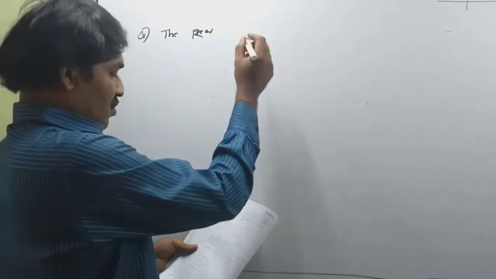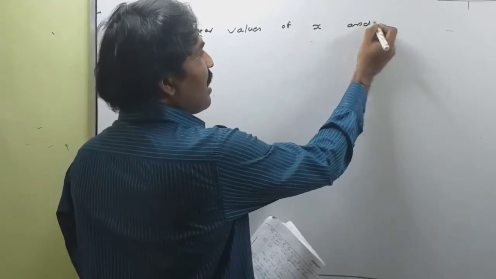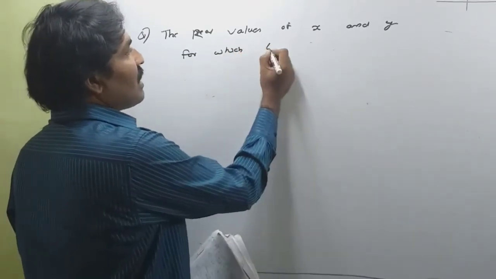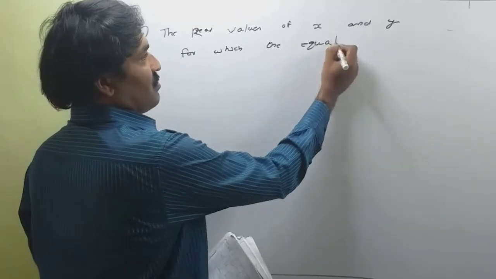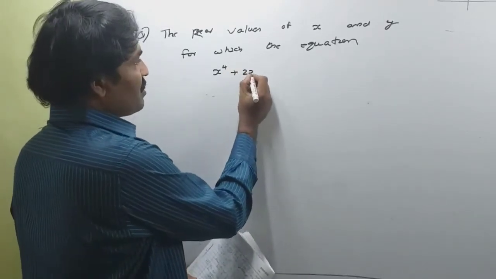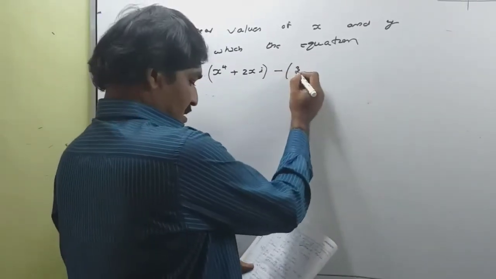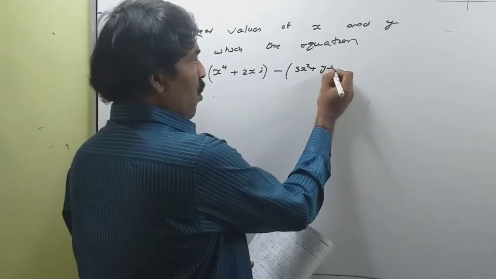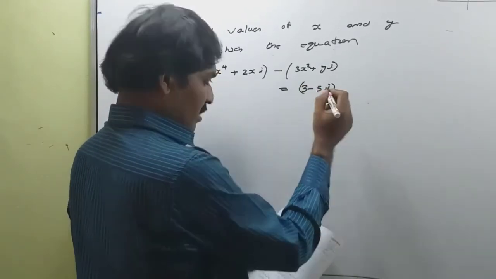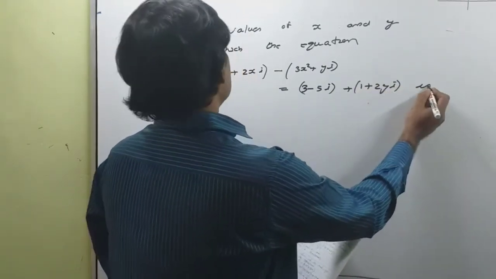The real values of x and y for which the equation x raised to 4 plus 2xi minus 3x square plus yi is equal to 3 minus 5i plus 1 plus 2yi is?